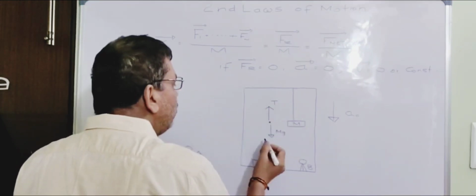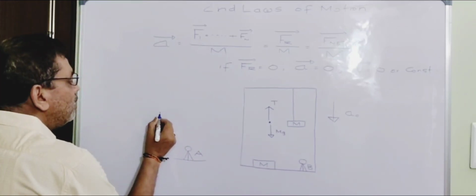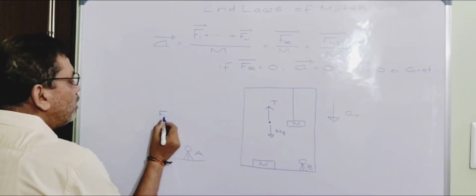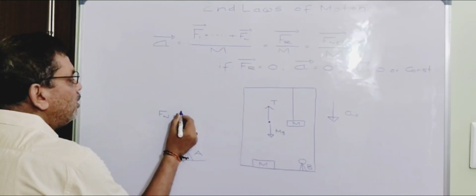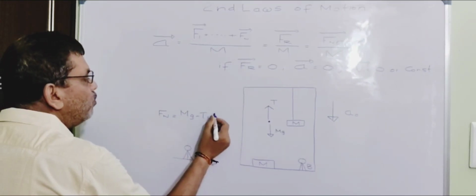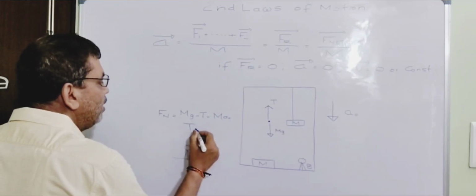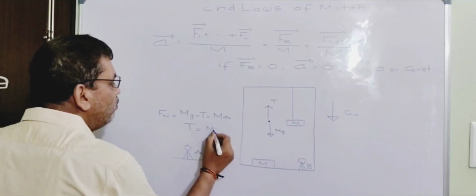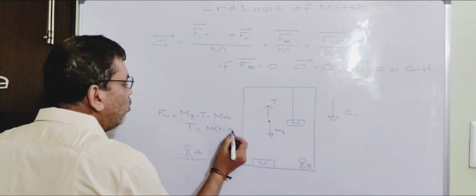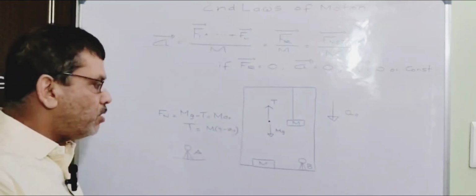According to Newton's second law, the net force on the object is mg minus T, which equals mass into acceleration, so the tension in the string is mg minus m a naught.